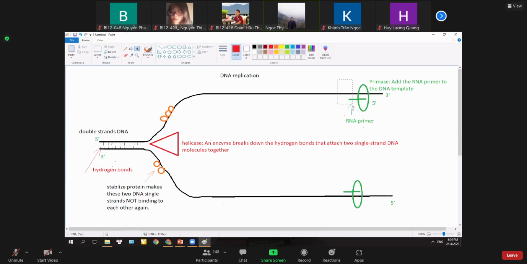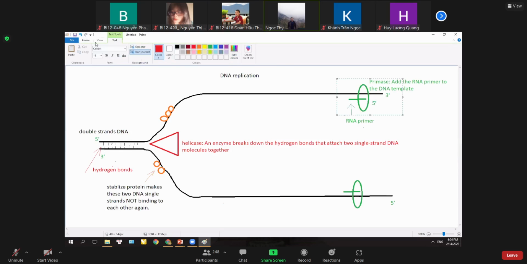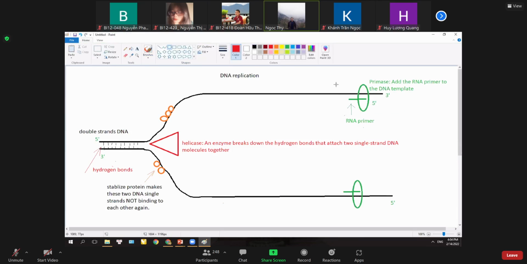So our main core here, DNA polymerase. Start.